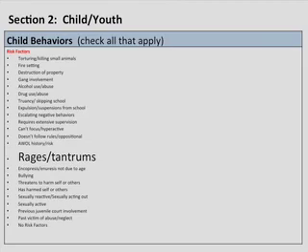We have rages/tantrums. The reason that we included that is I can't tell you the number of times that I've read a CQA and in the discipline section, the parent might say that they use timeout. But in 3 or 4 statements in, they talk about how the child rages and tantrums and bangs their head.